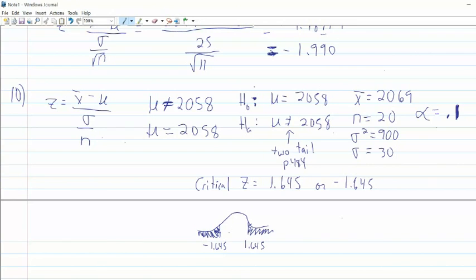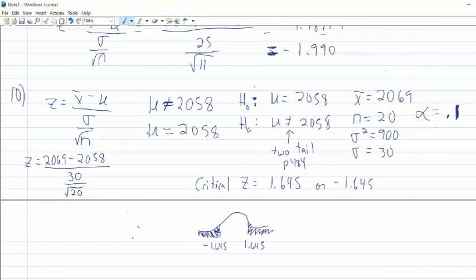So we need to figure out the test statistic to do that. I wrote down the formula for the test statistic first. That's z equals 2069 minus 2058 over the standard deviation of 30 divided by the square root of n, so the square root of 20.